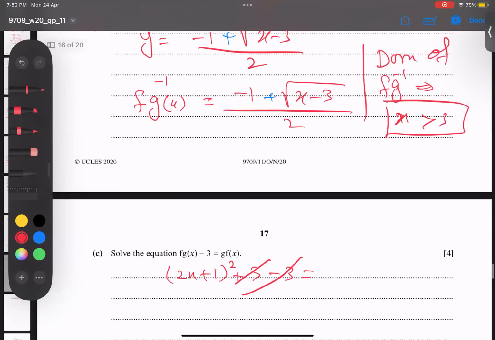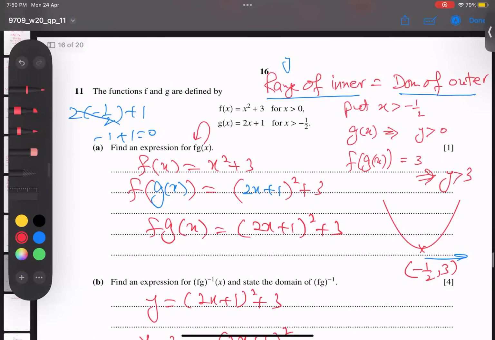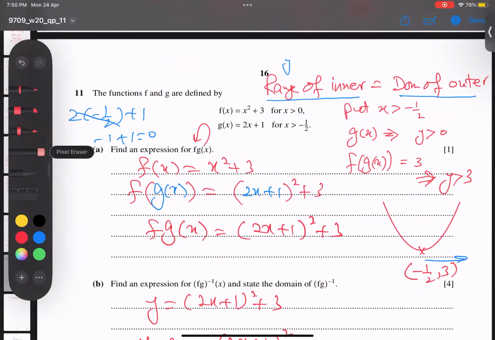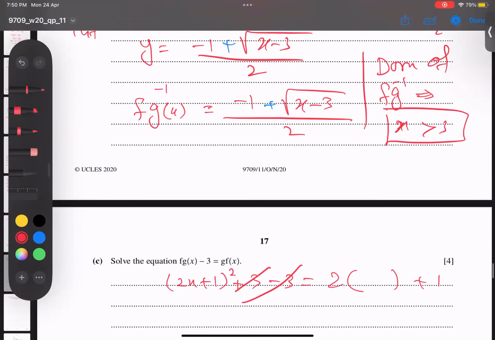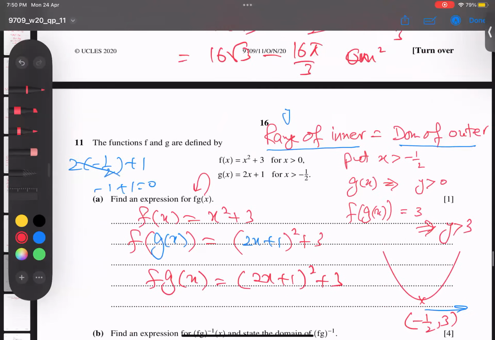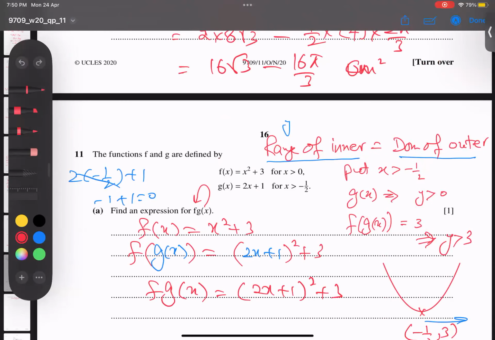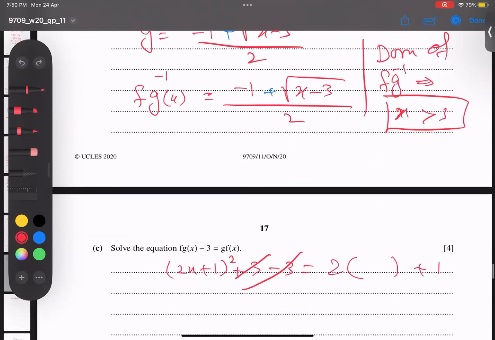So what is g of x, students? Put opposite. So this value will go in the place of x. So 2 times 2, and here I'm copying what, students? The value of that one. That means x squared plus 3.